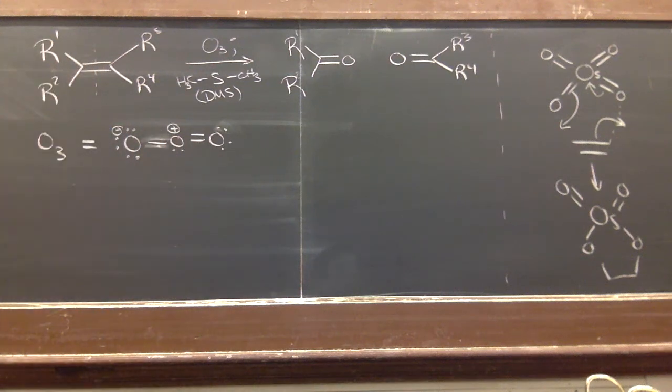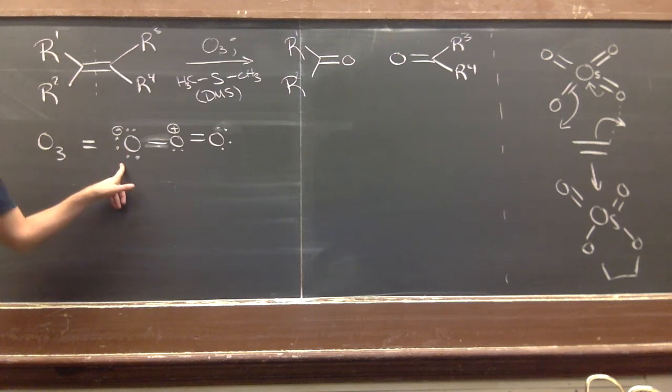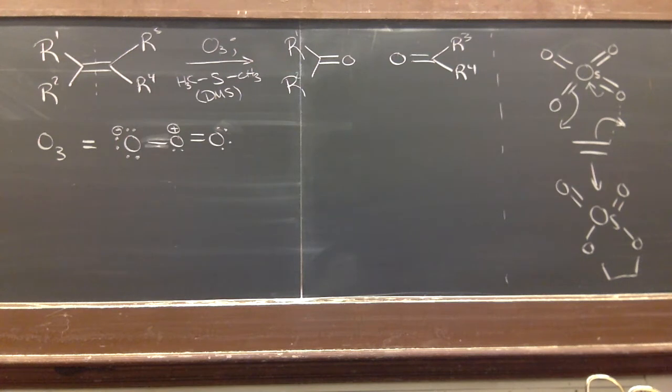So as you can see, it's basically 3 oxygens, it's linear. But in order to make this work, and keep everything with a full octet, you would basically need to have one of the oxygens with a negative charge and one of the oxygens with a positive charge. And I think this in many ways may be analogous to azides that we've seen in the past, right, where the N3, we've seen azides that also have this kind of zwitterionic characteristic to it.